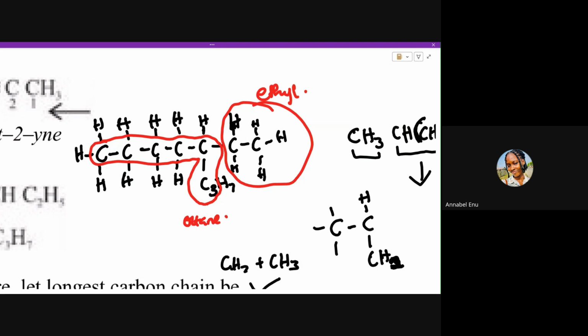This is ethyl. What position is the ethyl?